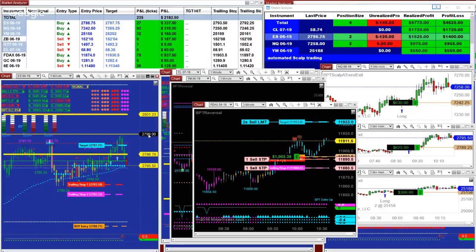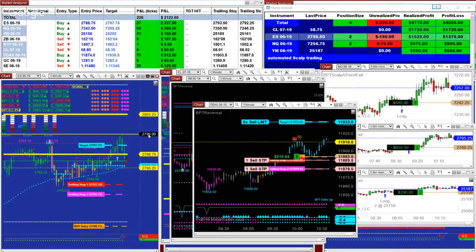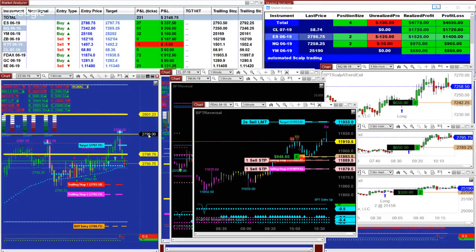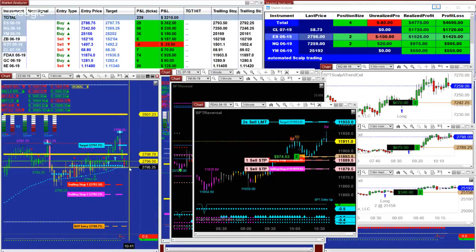Let's see if we can. It is very key right now on the ES where it is. The 95.50, it is the key right now. Let's see. You see that one here? We need to break it.